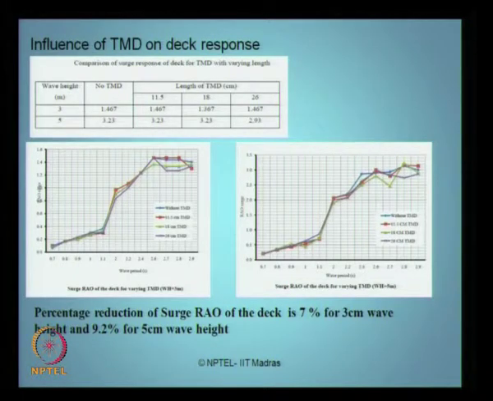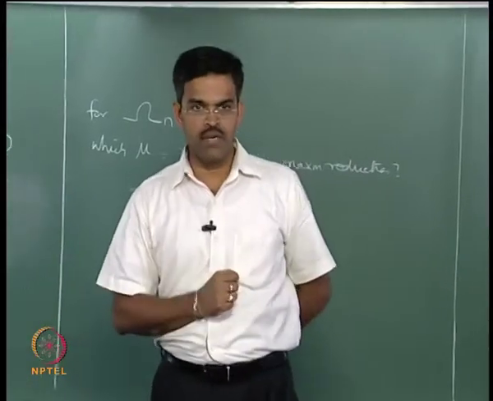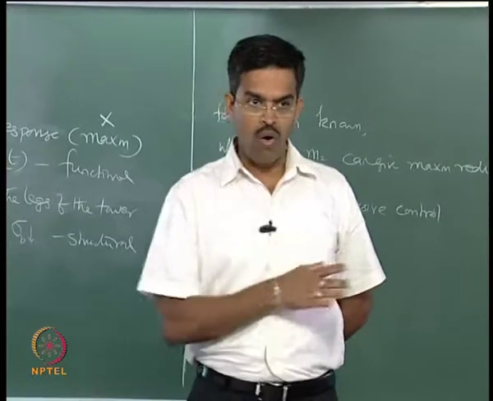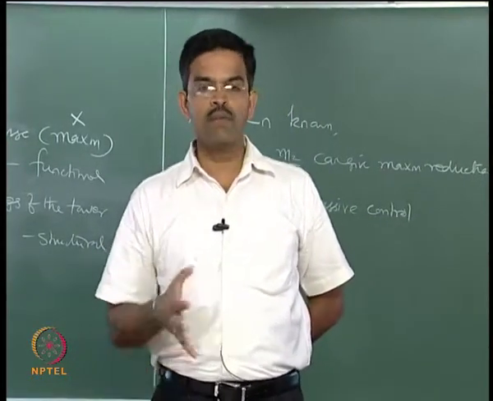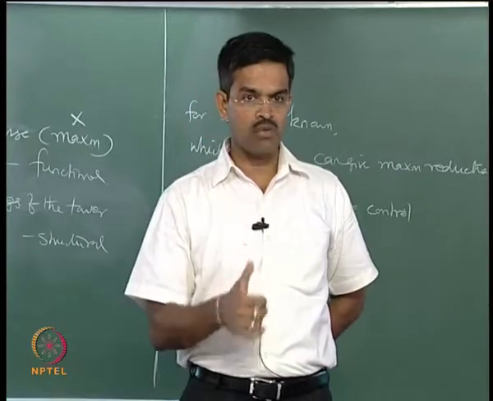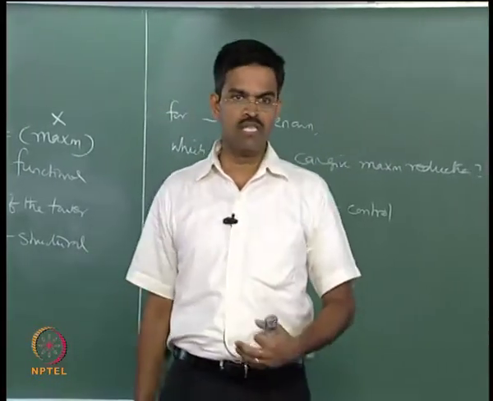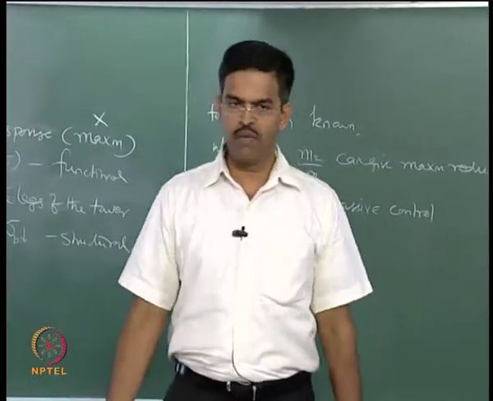Okay. So, it is very difficult to exactly find out what is that TMD I must suspend to my primary mass system, which can remain effective in all ranges of wave period and wave heights. Therefore, people generally do not attempt with single mass unit dampers, they go for series of TMDs with different lengths and different weights. So, one of them will be effective in one range of wave period and wave height.